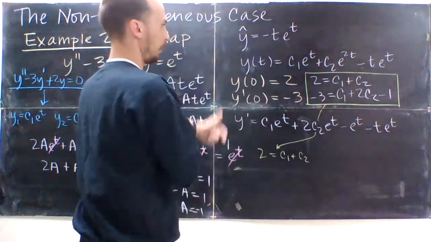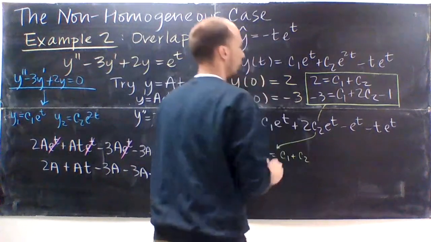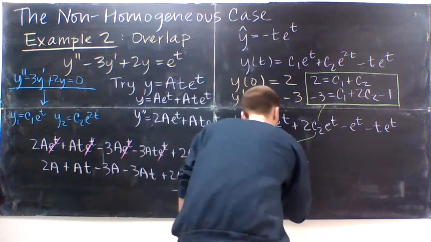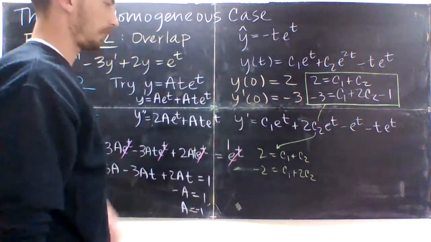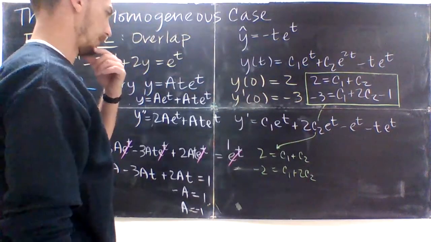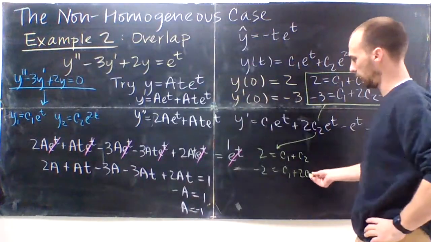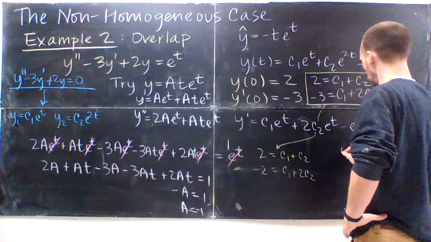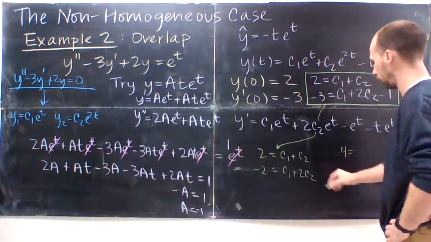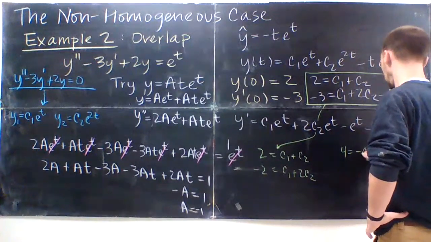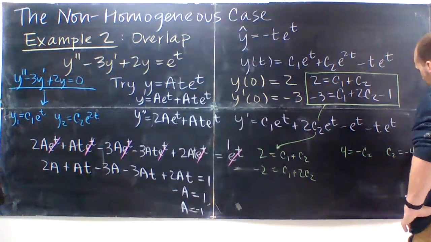I add 1 over there, and I'll have -2 equals c1 plus 2c2. Okay, if I subtract equation 1 minus equation 2, I'll have 4 equaling c1 minus c1 is 0, c2 minus 2c2 is going to be -c2. So I know that c2 equals -4.